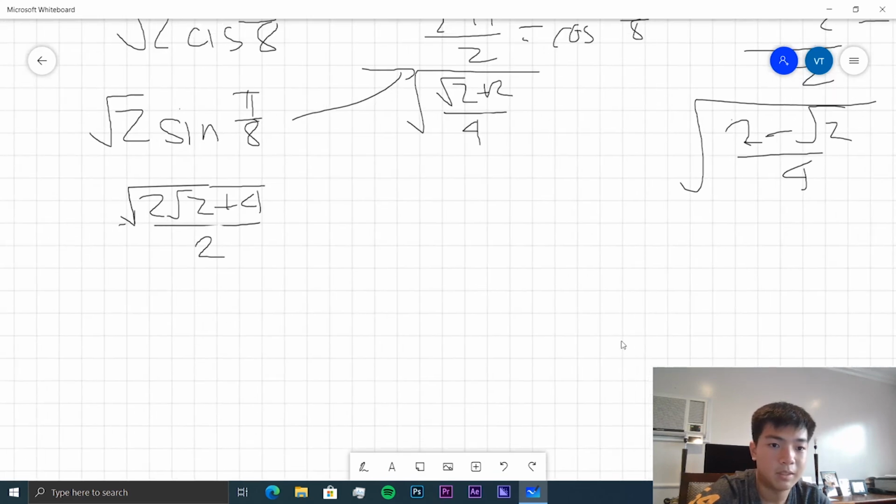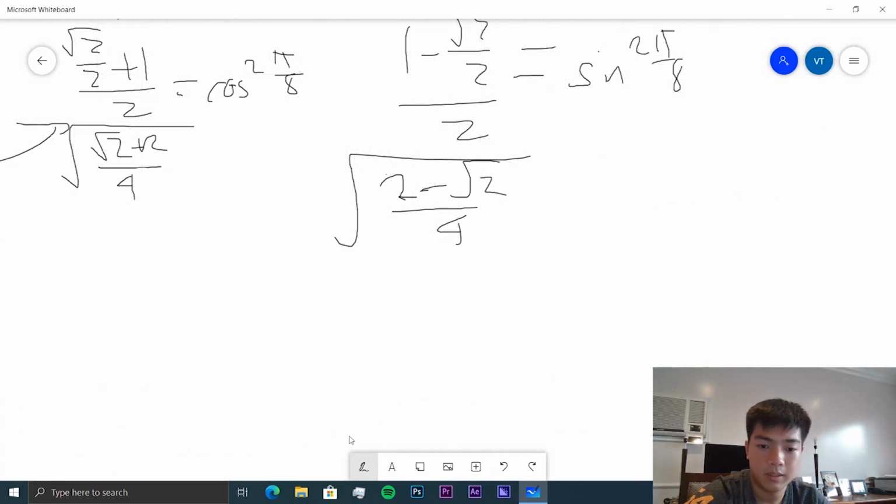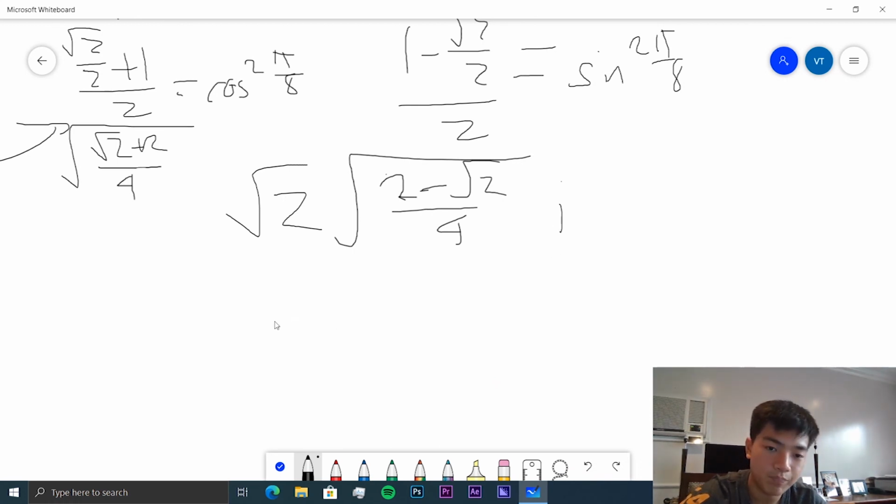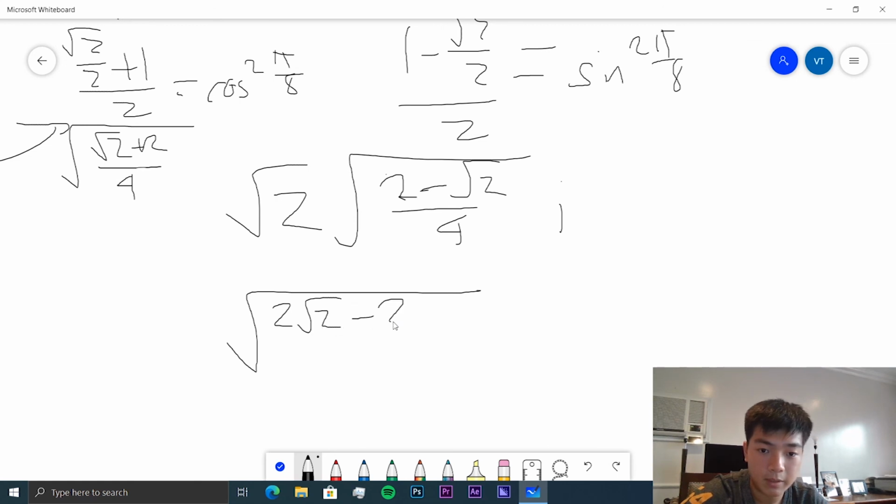And then now we need to multiply root 2 to it. So this is square root 2 times square root of 2 minus root 2 over 4 i, which is equal to square root of 2 root 2 minus 2 over 4. In other words, it's square root of 2 root 2 minus 2 over 2 i.